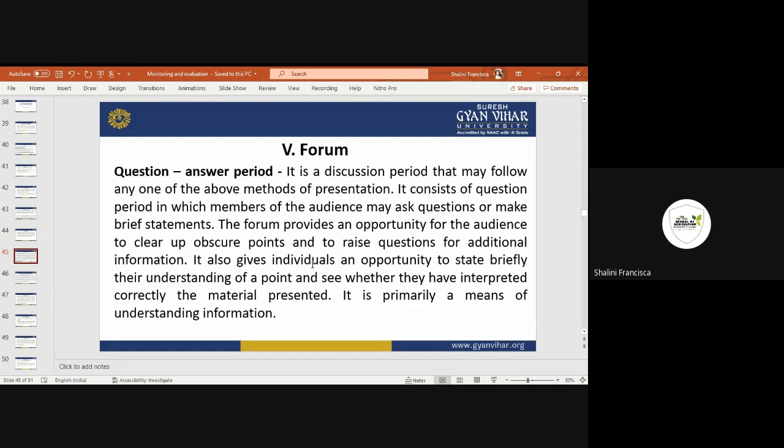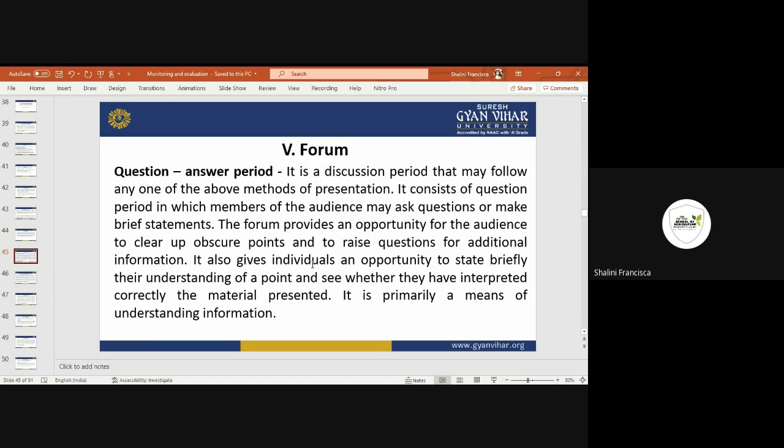Forum, question answer period. It is a discussion period that may follow any one of the above methods of presentation. It consists of a question period in which members of the audience may ask questions or make brief statements. The forum provides an opportunity for the audience to clear up obscure points and to raise questions for additional information.